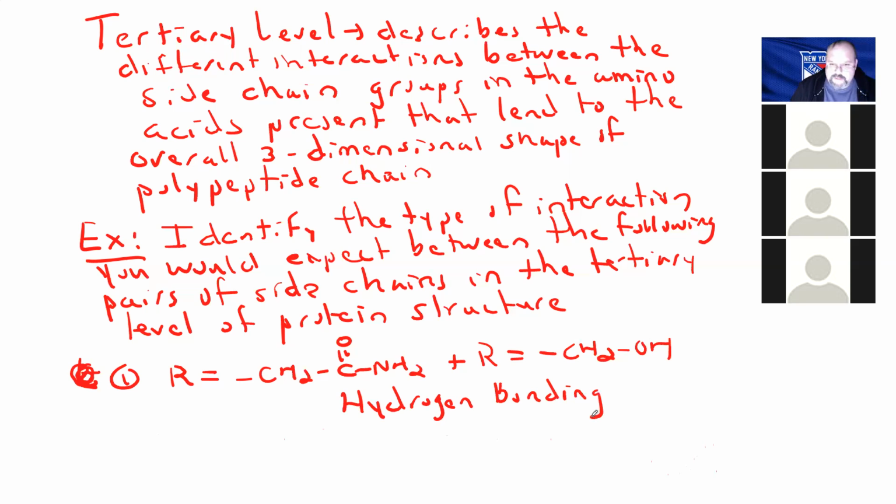The easiest place to see that is, for the first side chain, you have a C double bond O oxygen, which has a partial negative charge. And for the other side chain, you have an OH hydrogen, which has a partial positive charge. What force of attraction are you going to have between them? You're going to have hydrogen bonding. Okay, so that would be the answer to our first example.